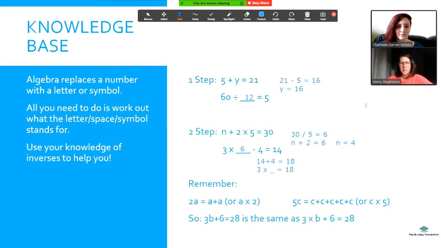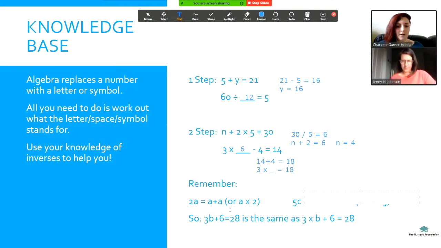Right, okay. So I've kind of done a longer version of the kind of thing we're looking at down here. So with these ones down the bottom, this is where I'm thinking about stuff like 2a or 5c. All we mean by that is 2 times a or 5 times c.